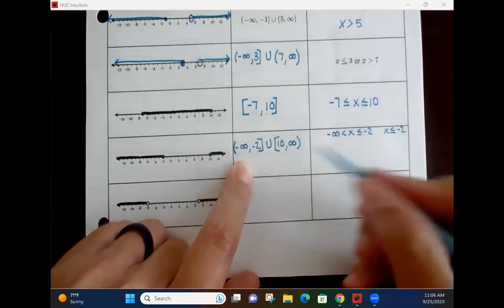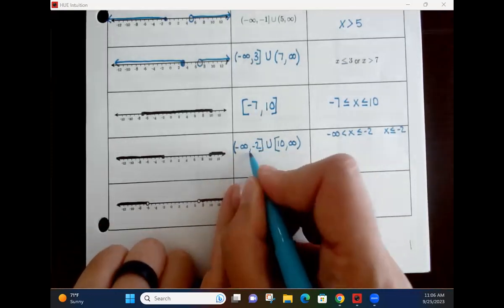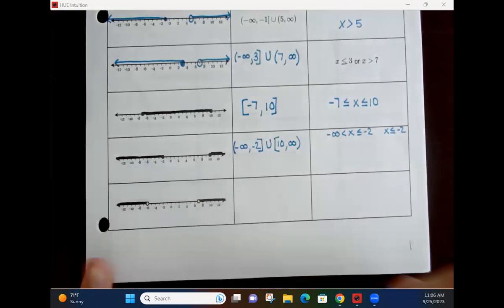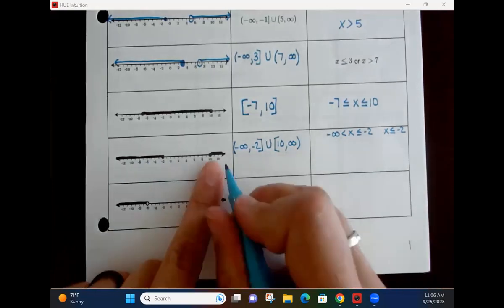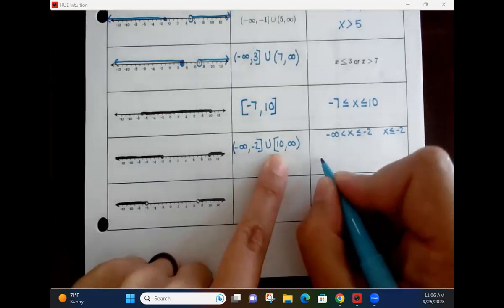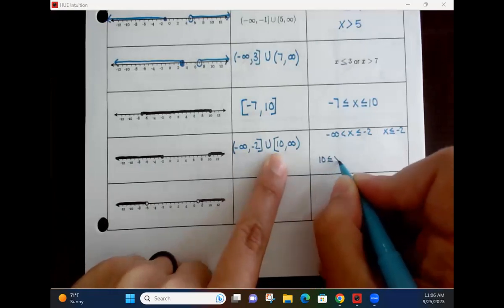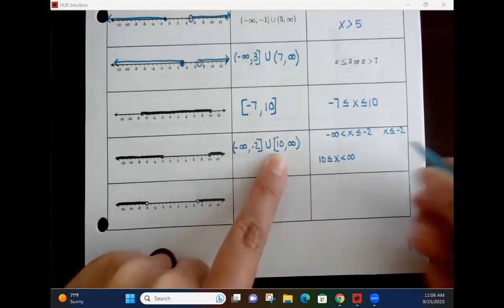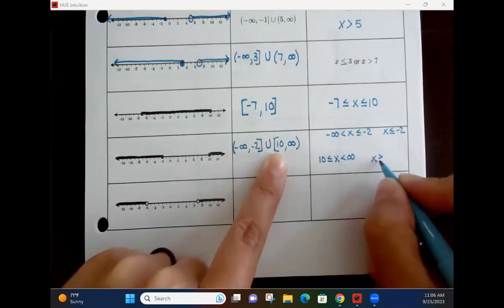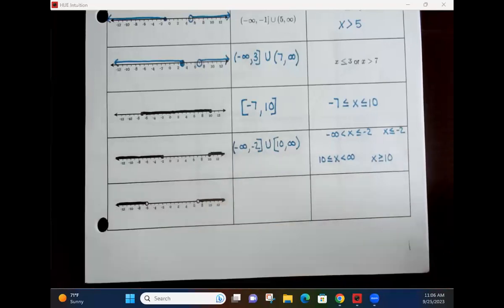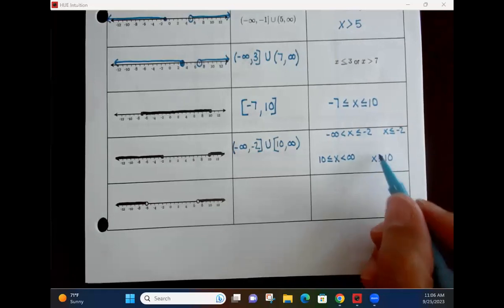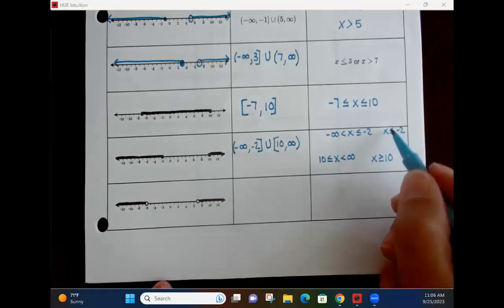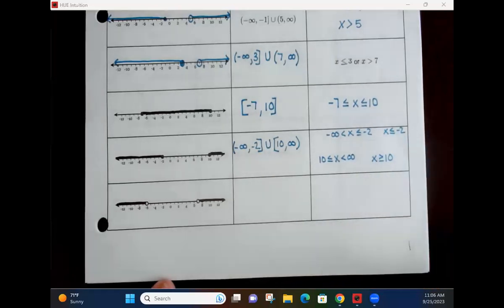So either of these could represent this interval, this shaded region of the graph. For the other section on our graph, we could write this as 10 is less than or equal to x is less than infinity, or just x is greater than or equal to 10. They mean the same thing. Up to infinity is implied here, down to negative infinity is implied here.